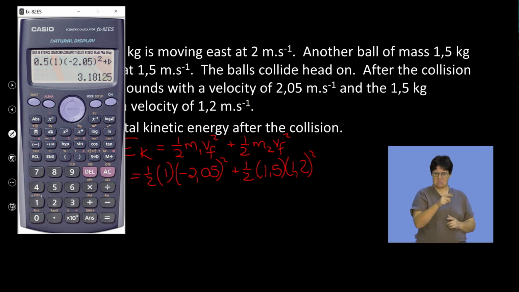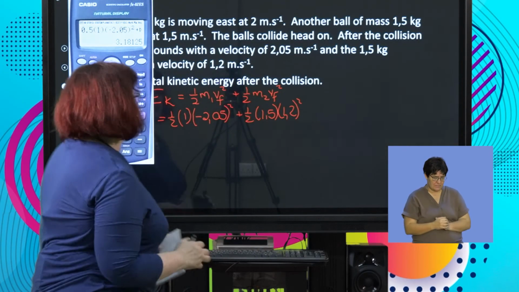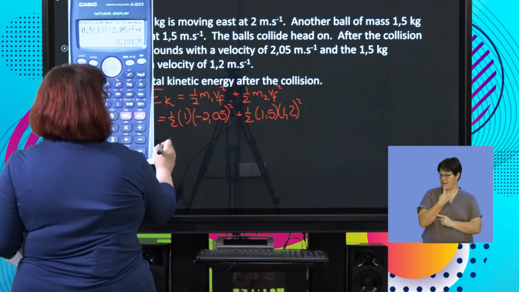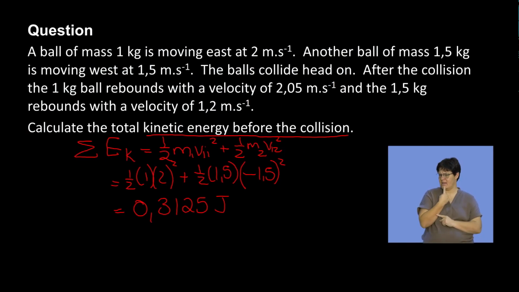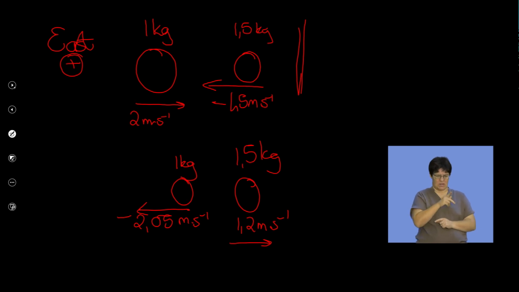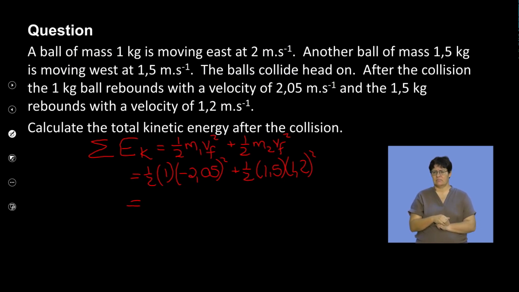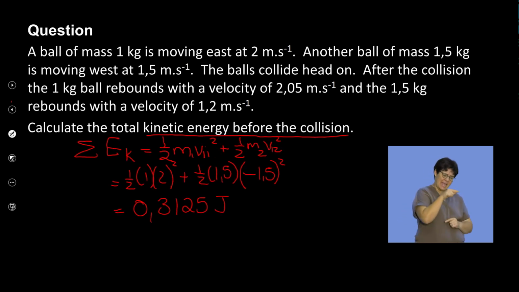So, we need to go look at some things again, because when I look at this, I go, first of all, now I'm going to get, and I want you to see this, okay? Here, we got 3.18125. Now, that makes sense. If I go back here, I got 0.3125.